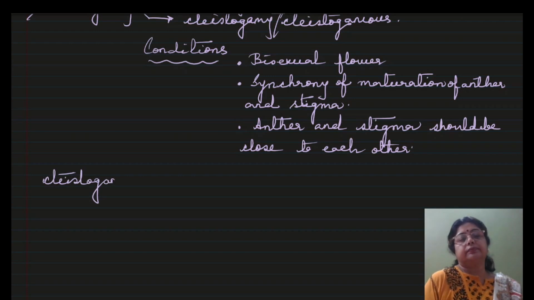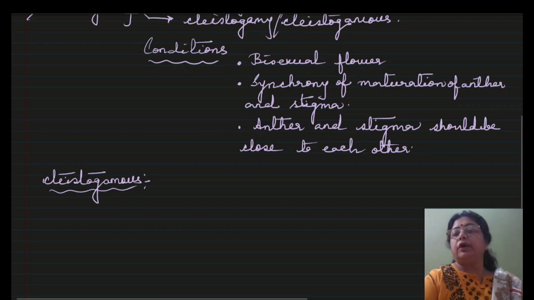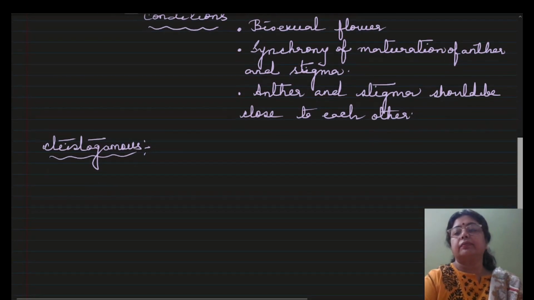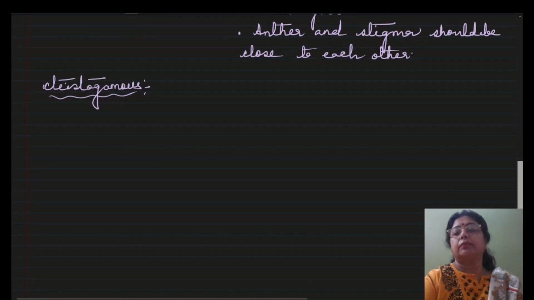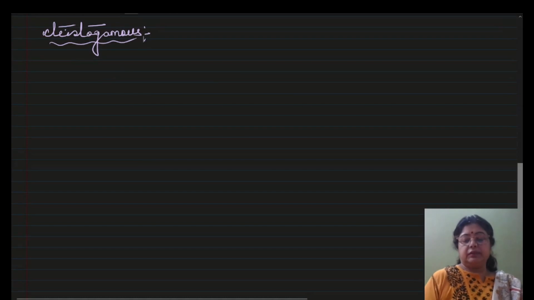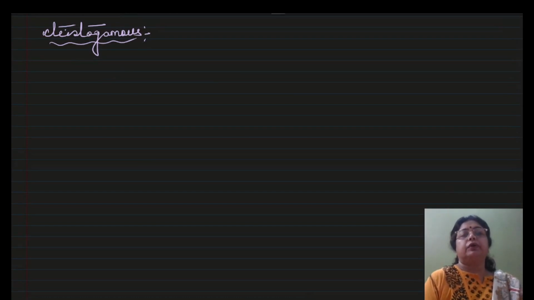Cleistogamous flower is a closed flower. That means the flower is not opening.